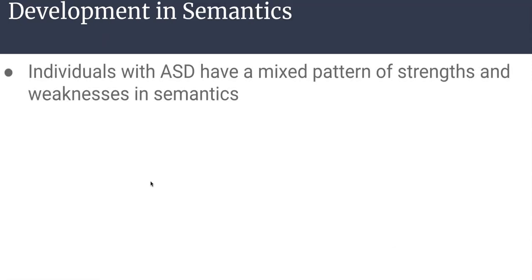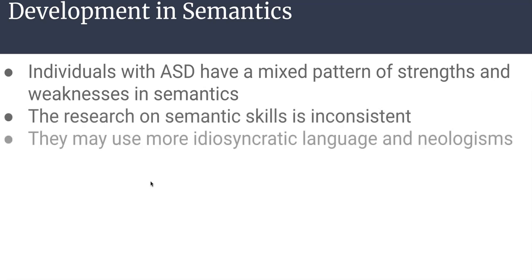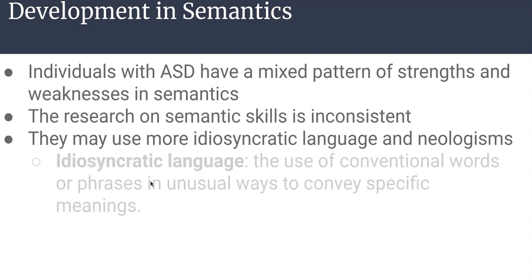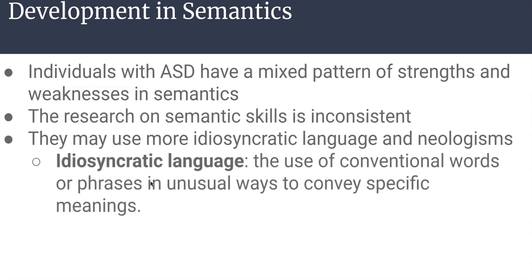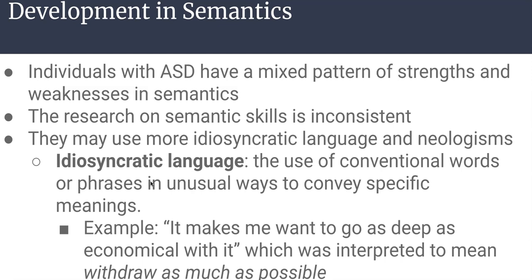Individuals with ASD are going to have a mixed pattern of strengths and weaknesses in semantics. They may use more idiosyncratic language and neologisms. Idiosyncratic language is the use of conventional words or phrases in unusual ways to convey specific meanings.